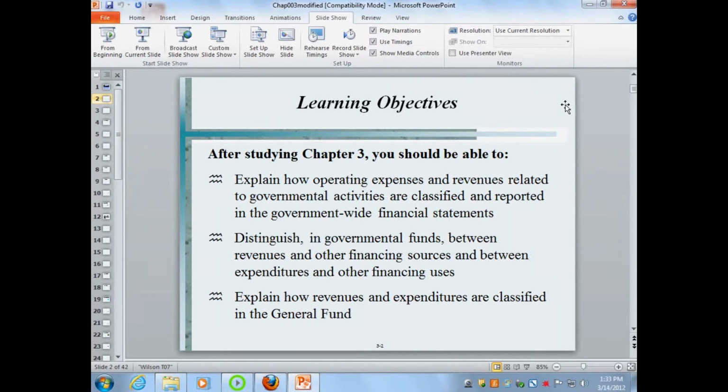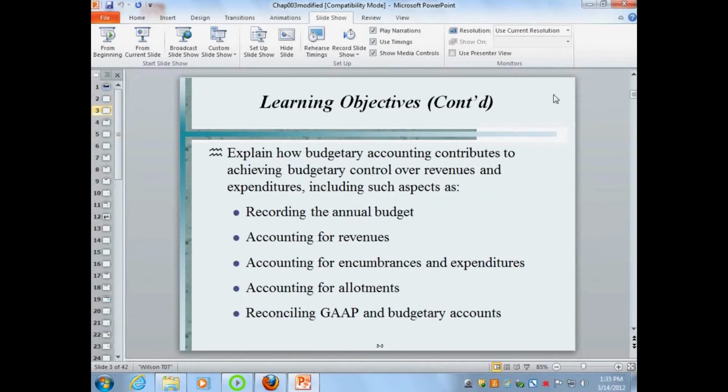The statement of activity is prepared on an accrual basis, right? So we will take a look at that, and that's why we see operating expenses and revenues in the governmental activities area. We'll try to look at the various sources of revenues within the governmental general fund itself, and we'll see how they are classified.